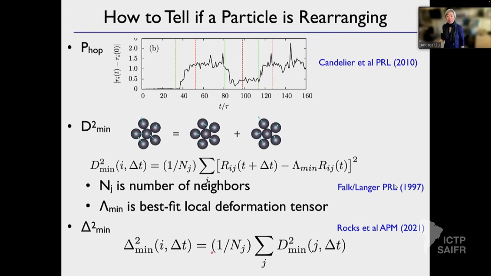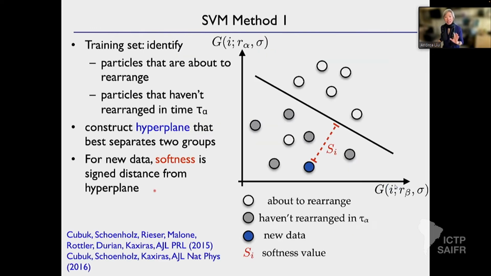If you take d squared min of all the neighbors and average that, it's d squared min of the particle I divided by the average over all the neighbors. Then you get rid of that plastic tail, and you don't see it. There's a typo there.